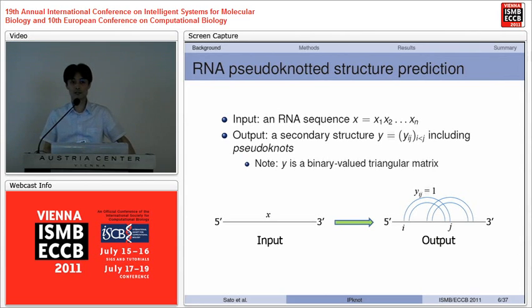However, most of them don't allow any pseudoknots due to computational cost. Now, we consider the extended problem, and that is, for an input sequence, we predict the optimal secondary structure, which may include pseudoknots.